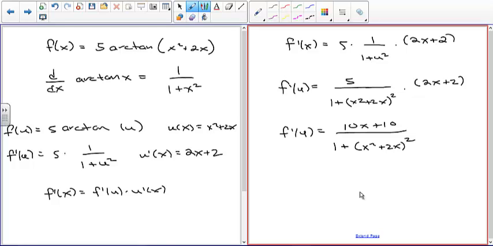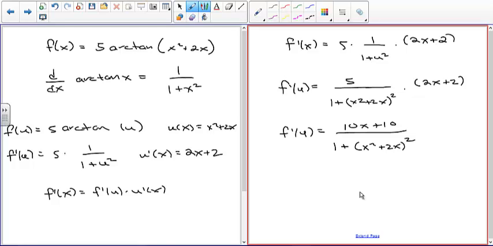It ends up with a weird looking expression. You wouldn't expect that would be the answer, but it is. So if we have the formula, it's just a very straightforward application of using the chain rule. We use the formula here.